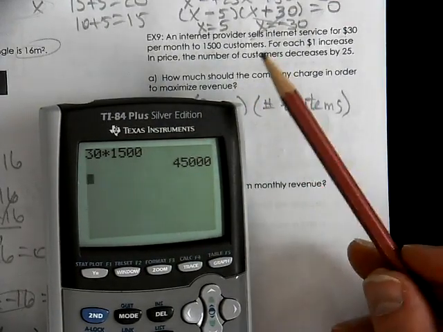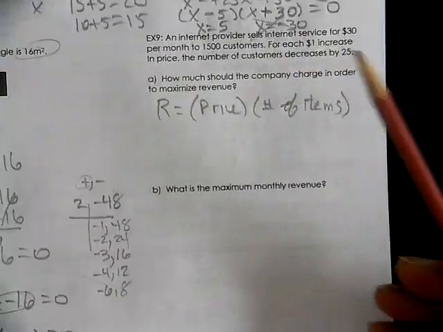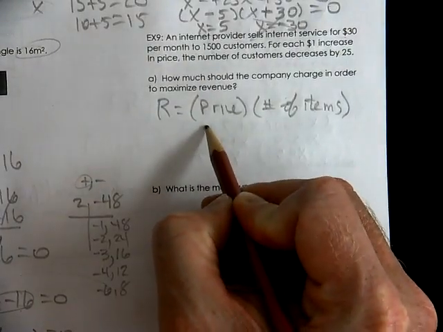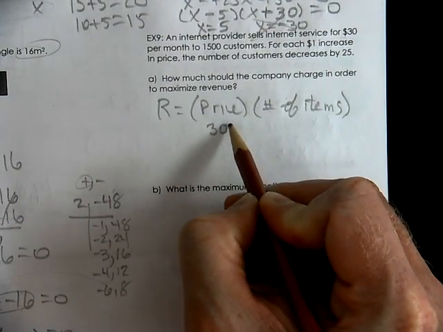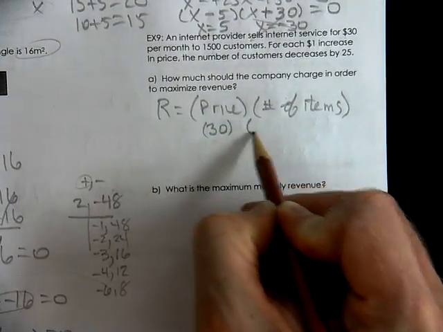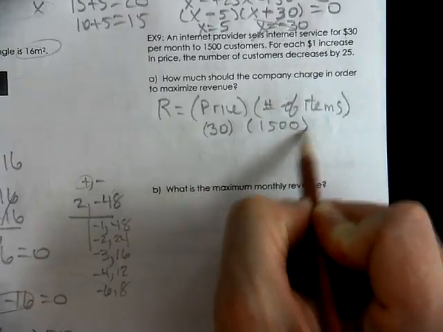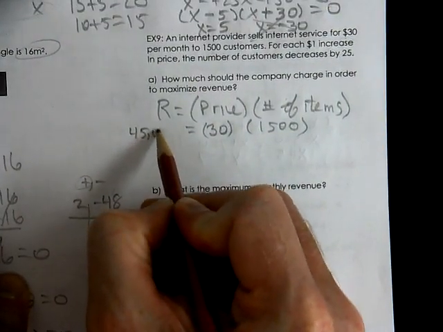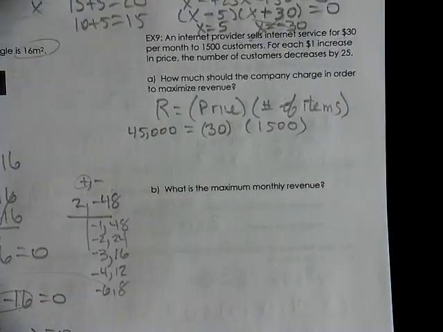That's our current revenue. But can we beat that? Can we do better than that? So my price is 30 for 1,500 customers. We decided that that was $45,000.